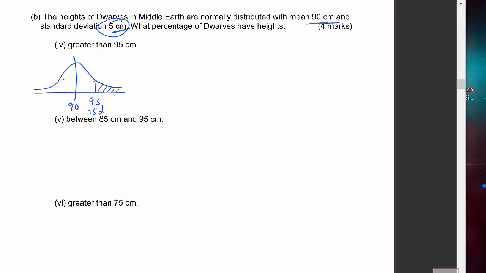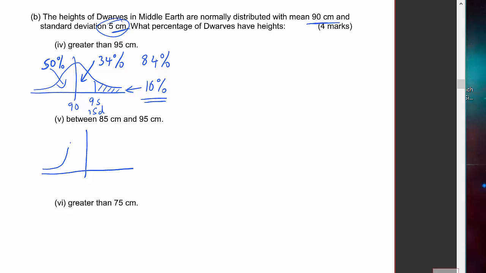So very similar to before, this is 50%, this is 34%, so 84% down here, giving us 16% here, so it's 16%.